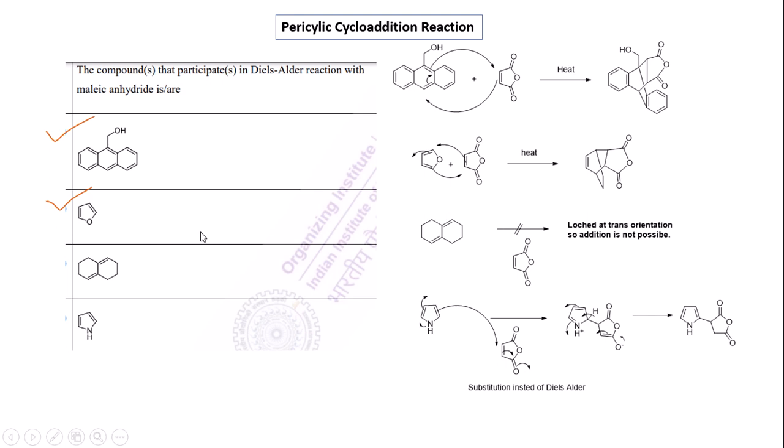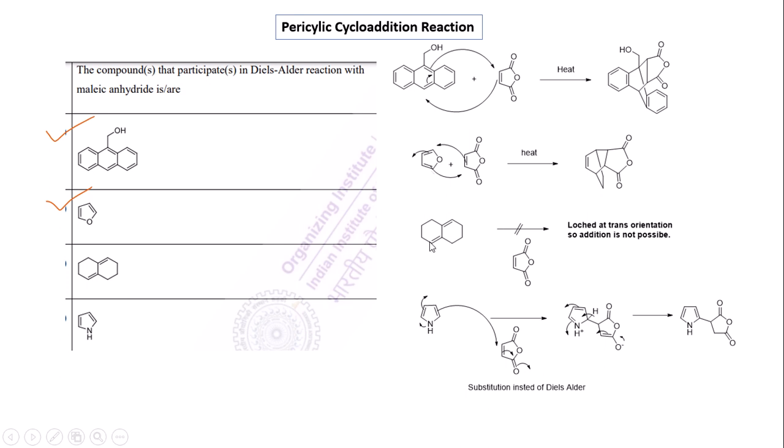Now we go to the pericyclic reaction. We know that in the cycloaddition reaction, a diene and a dienophile undergo addition in the presence of heat to give different cyclic derivatives. The condition for the Diels-Alder reaction is that the diene must be present in the s-cis conformation. The s-cis conformation is present in the anthracene derivatives and in the furan derivatives.